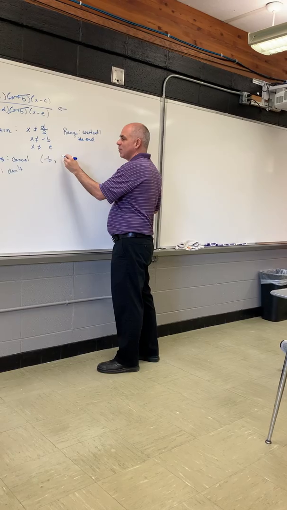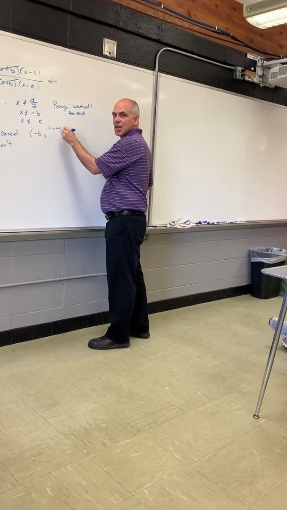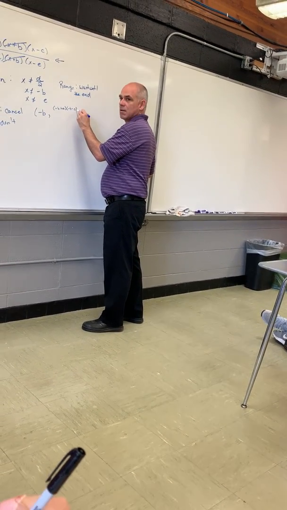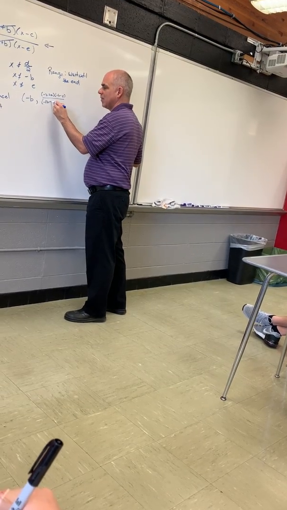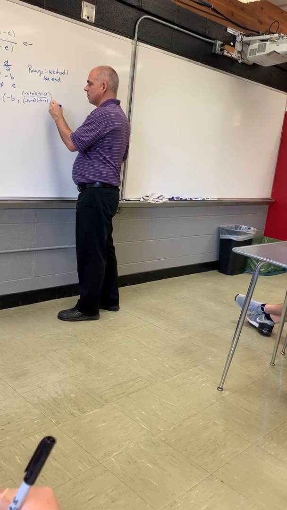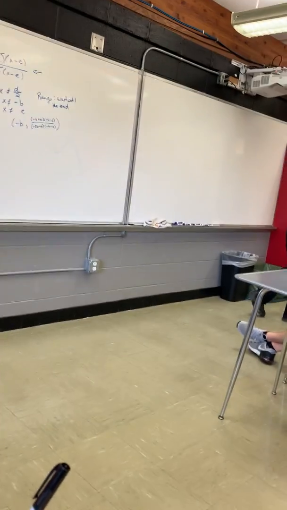So if I put negative b in for x, the first term I would have negative b plus a. The other one I would have negative b minus c. On the bottom I would have negative 2b minus d and negative b minus e. And that's going to be the y value of the hole.